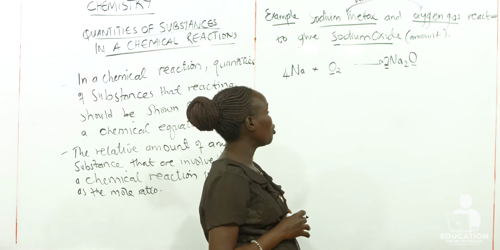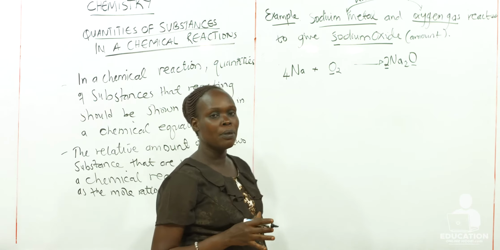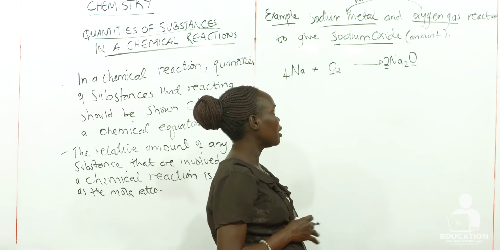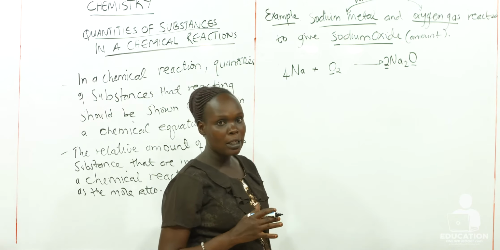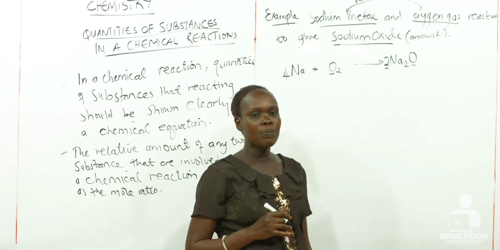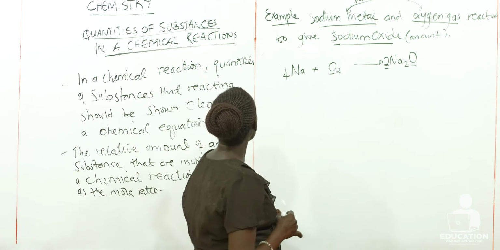We have 4 atoms of sodium on the left hand side and 4 atoms of sodium on the right hand side, and the atoms of oxygen are the same on both sides. So the equation is a balanced equation. So we go back to our quantities.